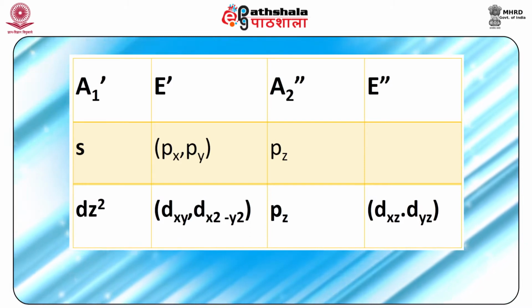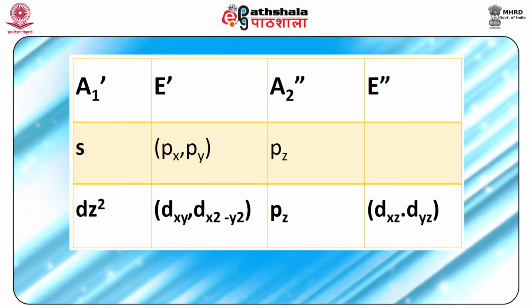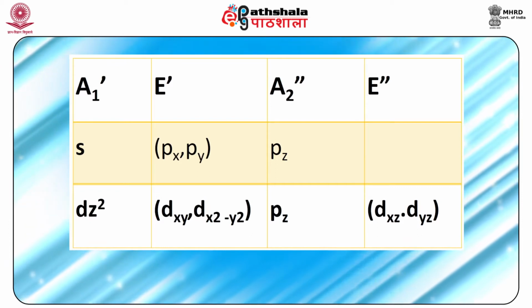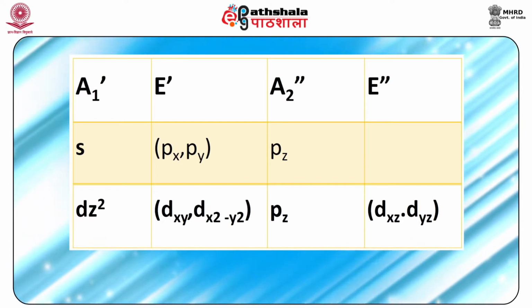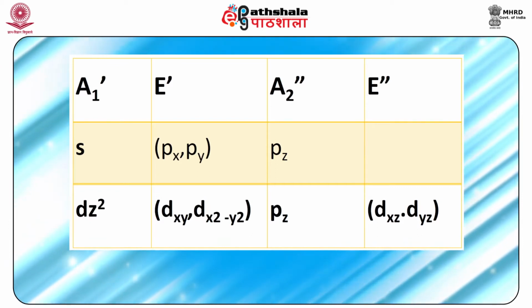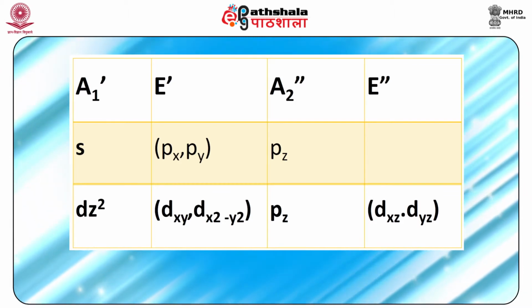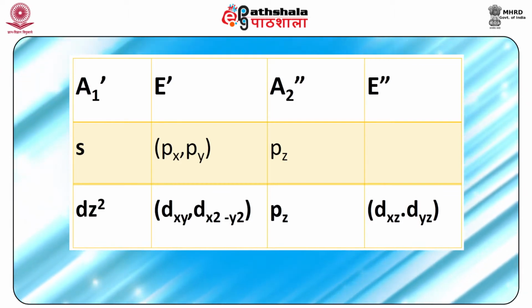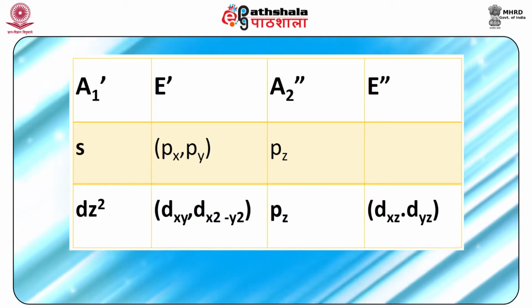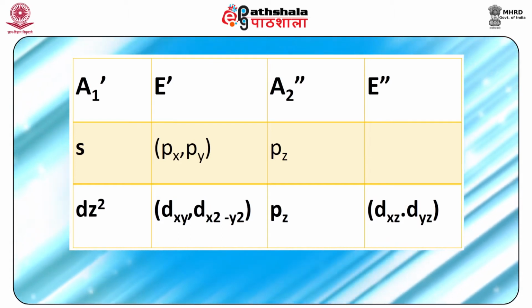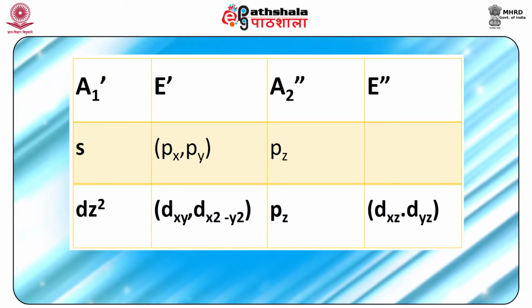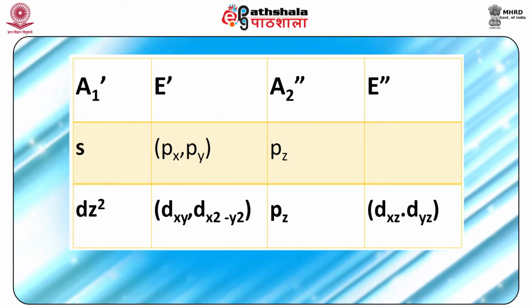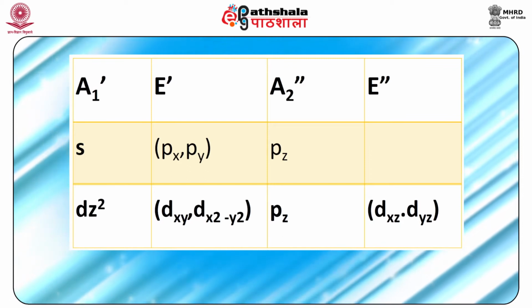We will see later that A2', A2'' and E'' are not needed because they do not form part of the irreducible representation. So the only orbitals we have to consider are for A1' and E'. Since there are 3 BF bonds, we need 3 atomic orbitals for hybridization of A1' and E' symmetry type.